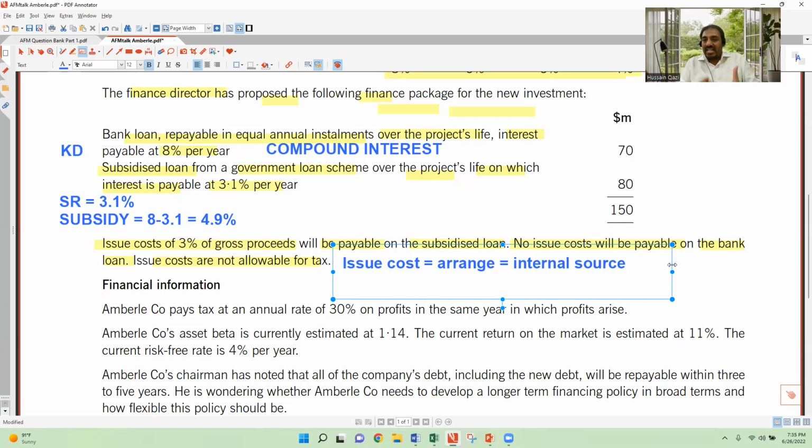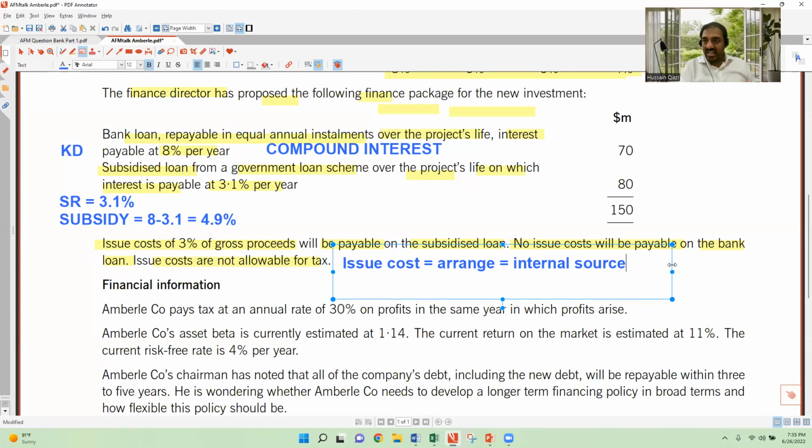If you consider that the issue cost will be arranged from external finance, then you have to add that amount of issue cost to the debt finance of 150 million, and then calculate the tax shield and so on. On the other hand, if you assume the issue cost is arranged from an internal source, then it's simple.